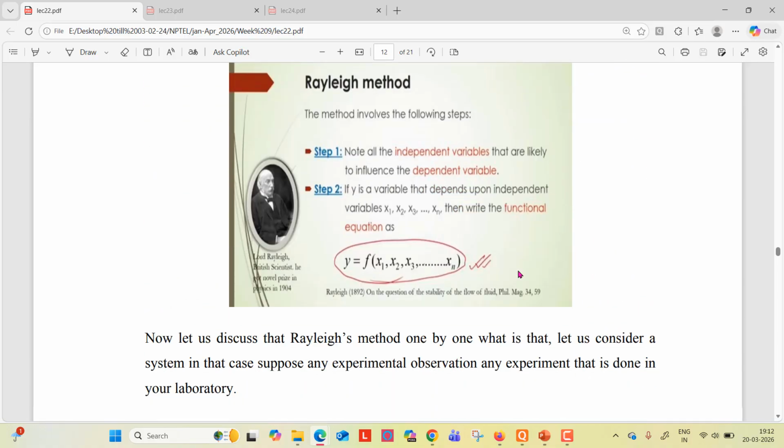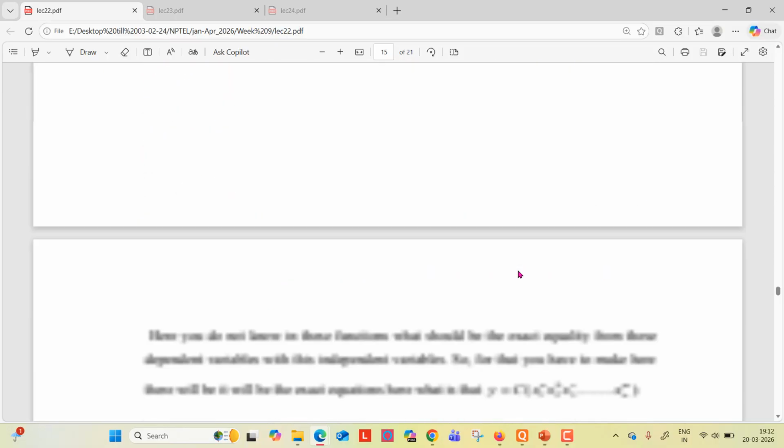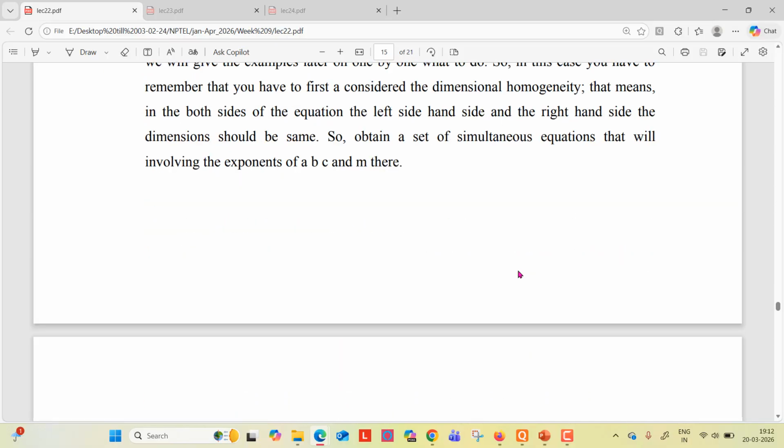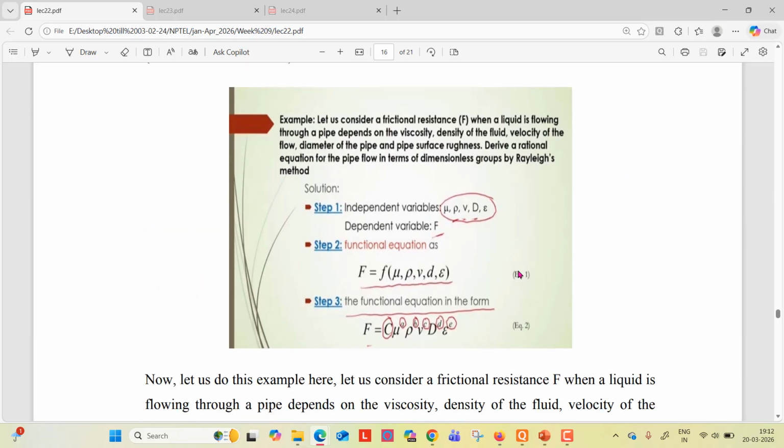If you take an example, it will be clearer. It is a very common example. Let us consider frictional resistance F when a liquid is flowing through a pipe. I think I have given this problem as an example, right?